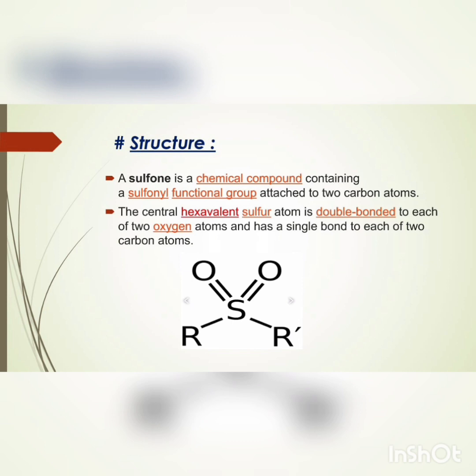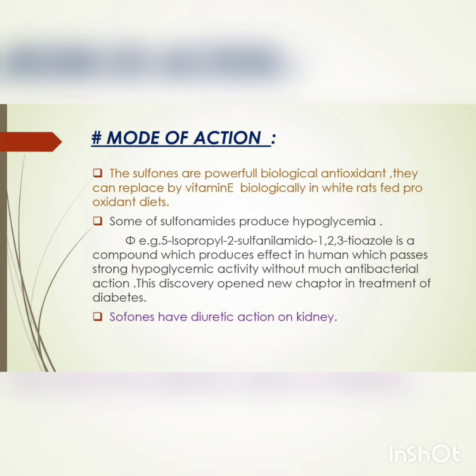And the second is mode of action. The sulfones are powerful biological antioxidants. They can replace vitamin E biologically in rats fed a pro-oxidant diet. Some of the sulfonamides produce hypoglycemia.